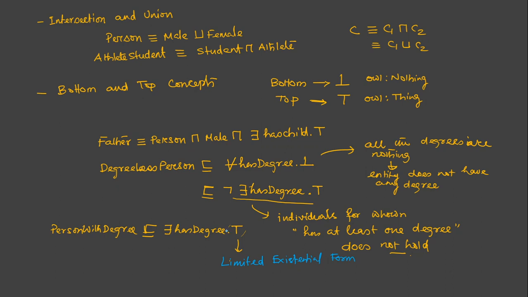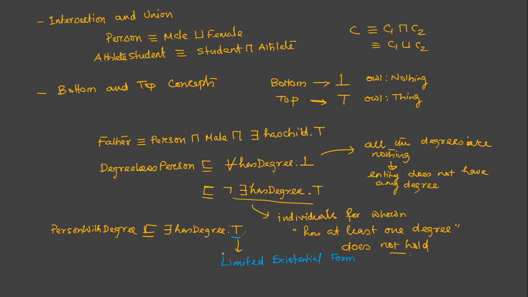So it can take either a PG or UG or PhD degree. It doesn't really matter. So this kind of existential form, which is not restricting you too much, is pretty easier to process than the form which has got a very specific class as the restriction class or restricted class, right?